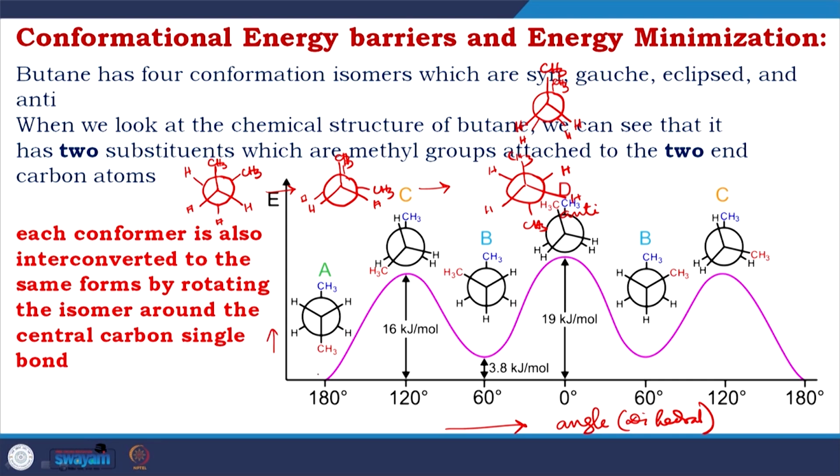You get this, so this is anti, this is the minimum. So, this is called global minima. This is another minima, this is called local minima. This is also local minima, and these are maxima.